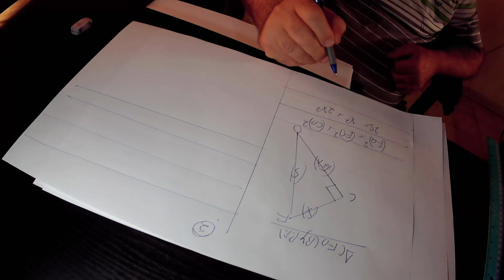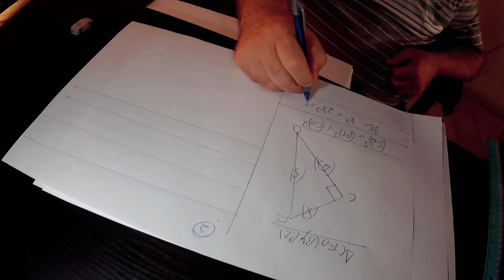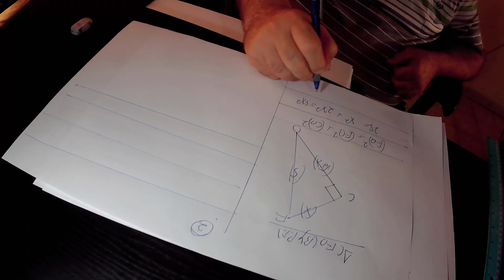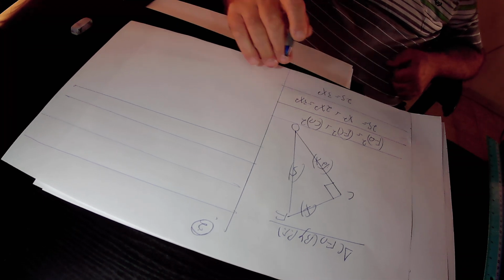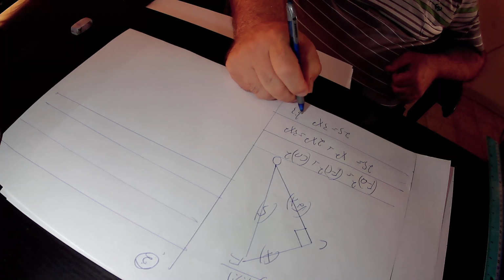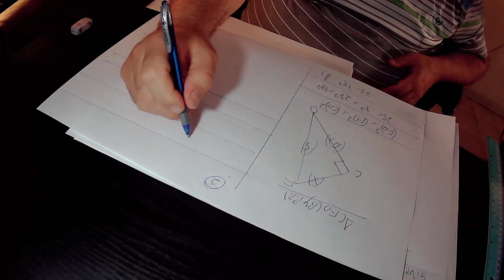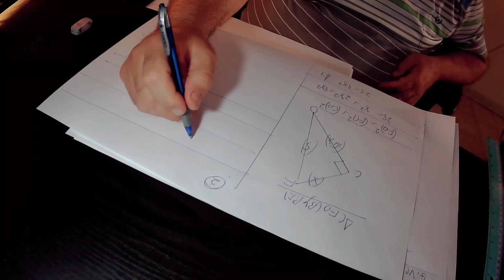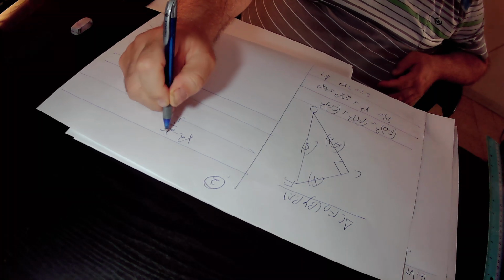So in total we found out that 25 equals to x squared plus 2x squared, that is 3x squared. So 25 equals to 3x squared. Here we divide this equation by 3. And finally we get that x squared equals to 25 over 3.